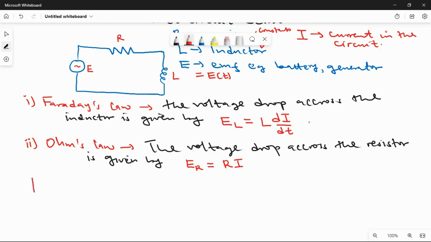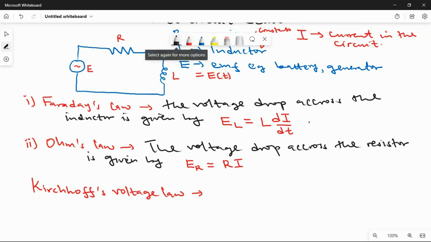We can write Kirchhoff's voltage law. Kirchhoff is just the name of somebody who came up with this law.